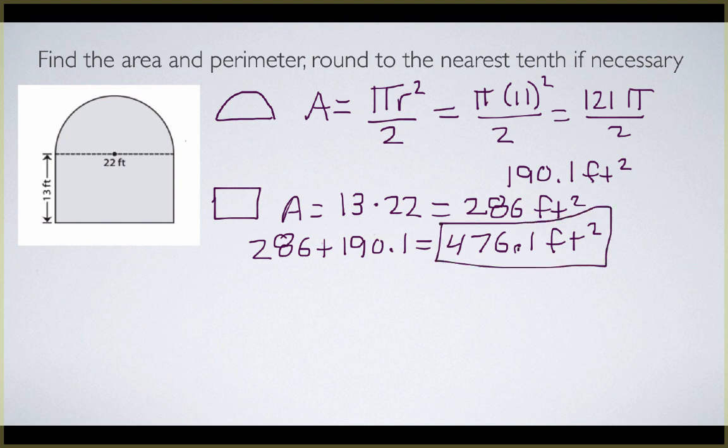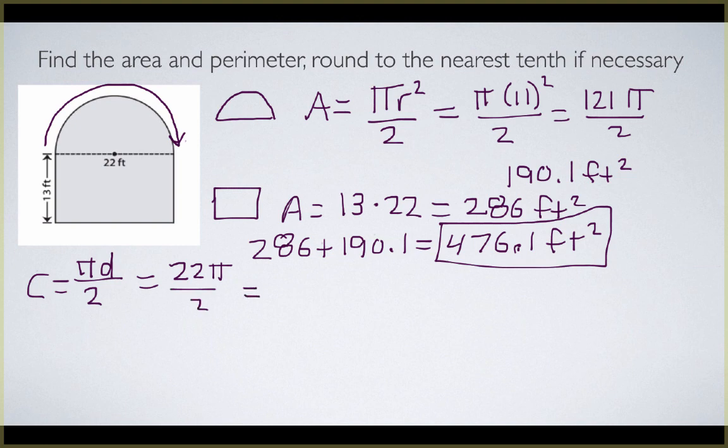Next, we're going to find the perimeter, and we're going to do the top part first, which is a semicircle. So we want half the perimeter of a full circle, which is our circumference. If you remember, our circumference is pi d, and we want half of it, so we're going to divide by 2. So we have 22 pi over 2, which is 11 pi, which equals 34.6 feet.